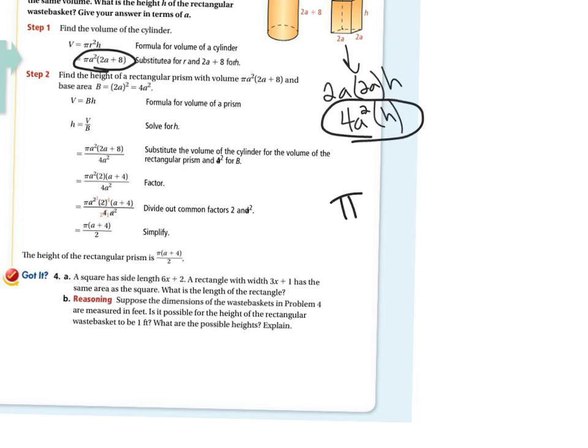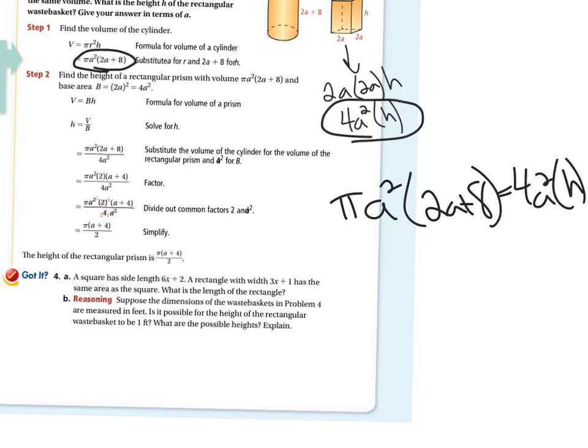If the volumes are the same, we can just set these equal to each other. So to get h by itself, they're multiplying. We can divide by 4a squared on both sides of the equation.